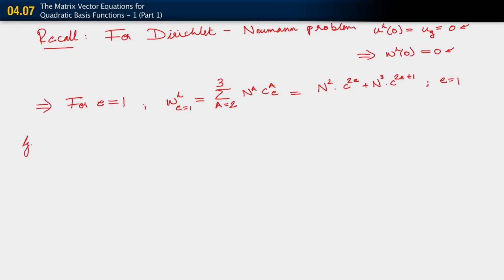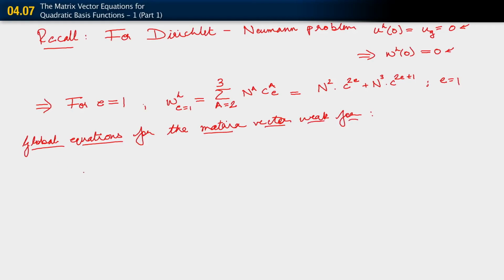Our global equations for the matrix vector weak form take on the following form. For element e equals 1, we have something a little special, right?